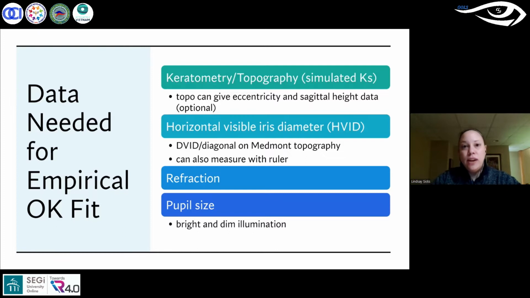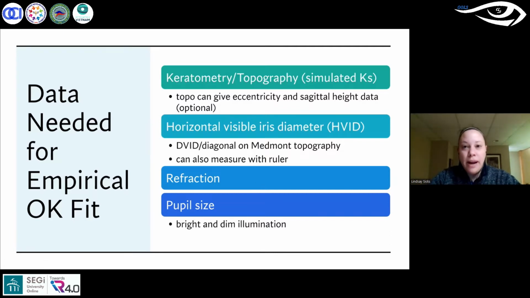If they have a larger HVID, you may need a larger lens overall diameter to get that lens to center better. Obviously, a refraction is very helpful. It helps you determine if your patient is a good candidate, but also what the expectations are for how fast their myopia is going to be resolved with orthokeratology.